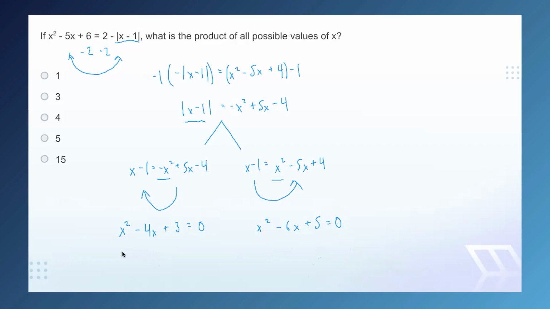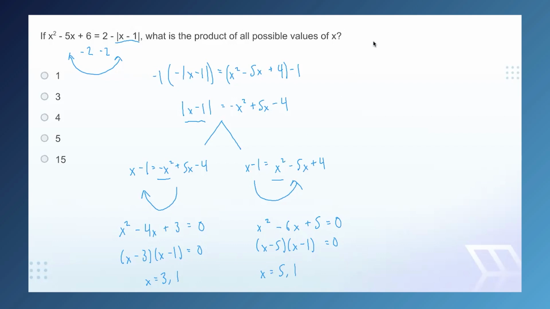So in this first equation, we're going to get x minus 3 times x minus 1 equals 0 for solutions of 3 and 1. And in the second equation, we're going to factor for x minus 5 times x minus 1 equals 0 for solutions x equals 5 and x equals 1.